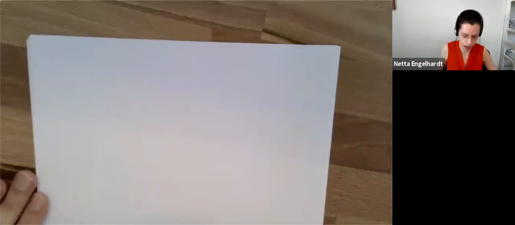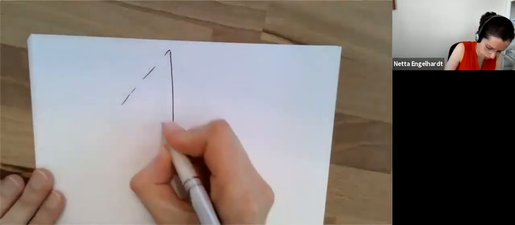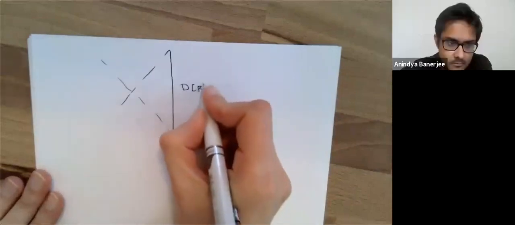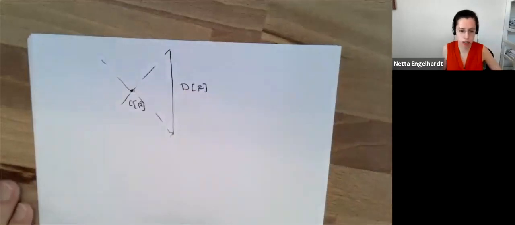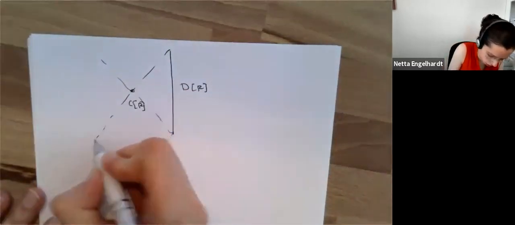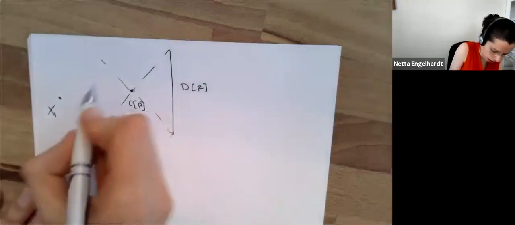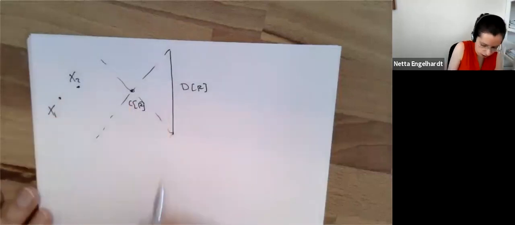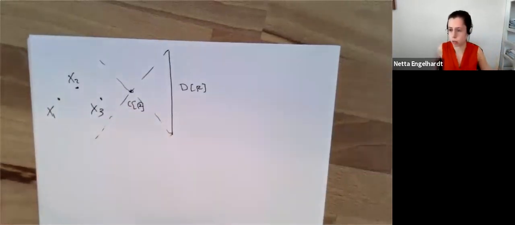So suppose that I have boundary region R, this is its domain of dependence D of R. And in some state of the code, in the code subspace, I have a quantum extremal surface here. Let's call it X1. And then in another state, I have another one, X2. And in a third state, I have an X3. All of these will always be outside of the causal wedge.